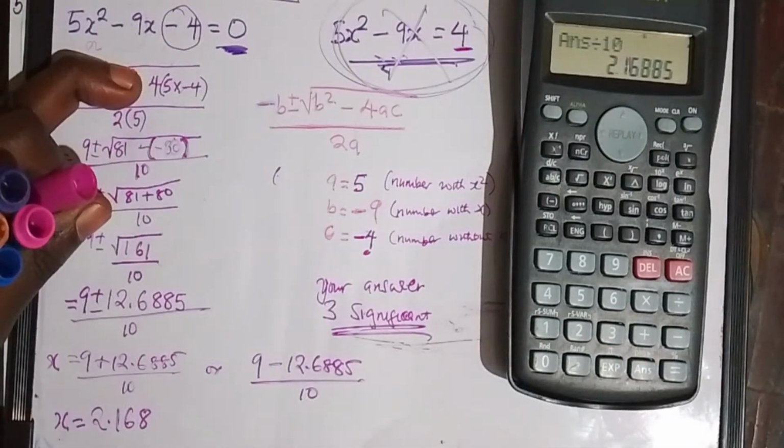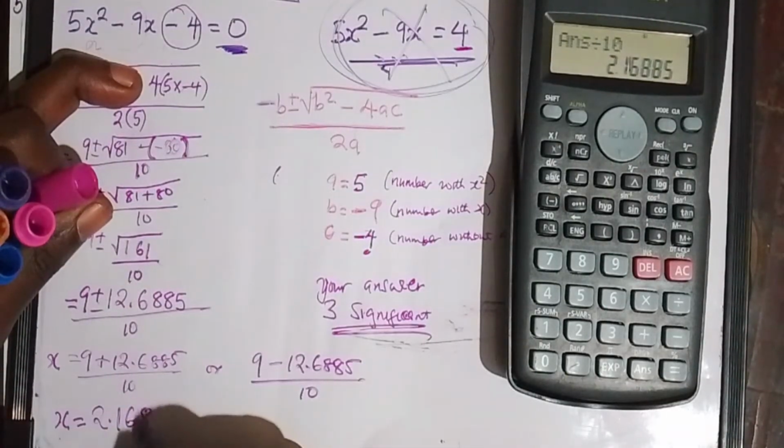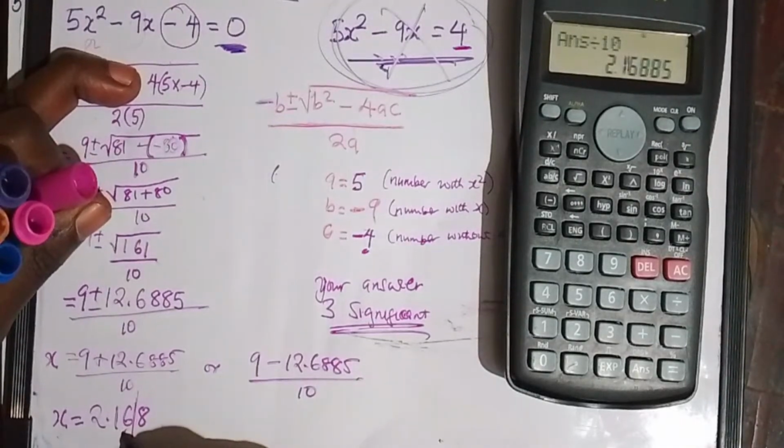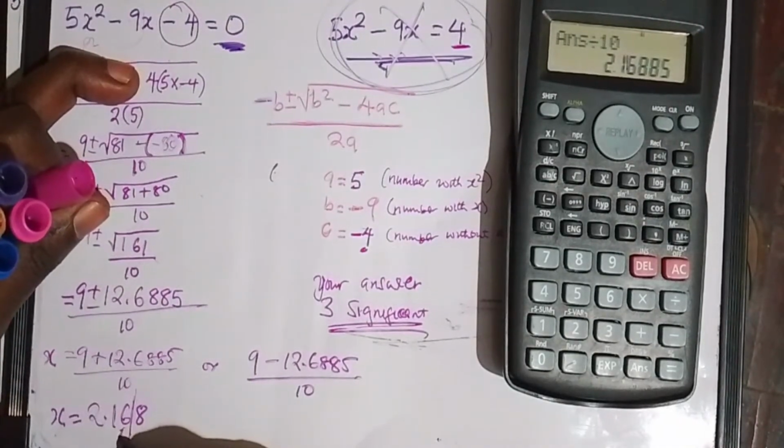Again, remember, you're supposed to leave it to how many significant figures? 3 significant figures. So count 1, 2, 3. Then after counting, ask yourself, is the number after this 5 or greater than 5? Yes, it is.